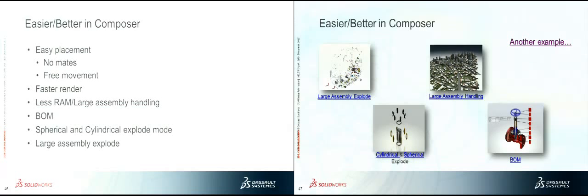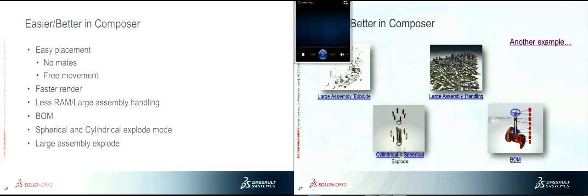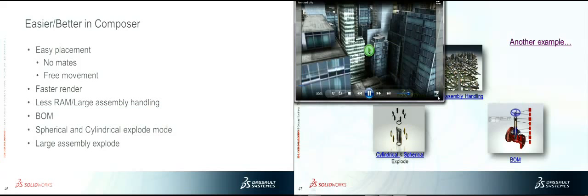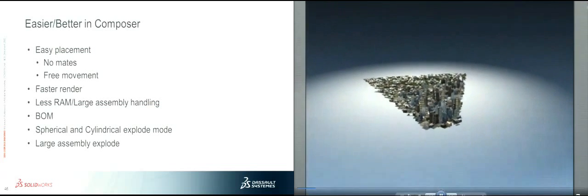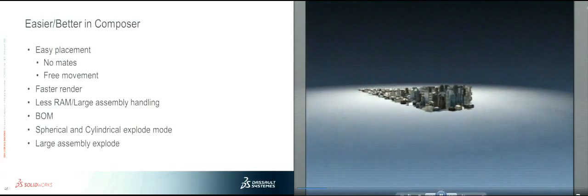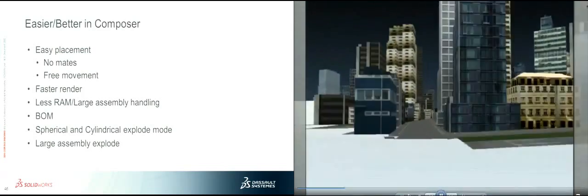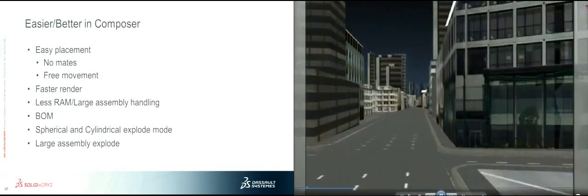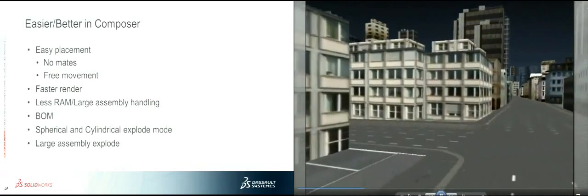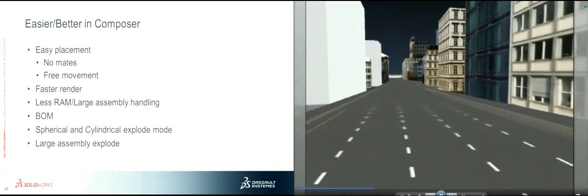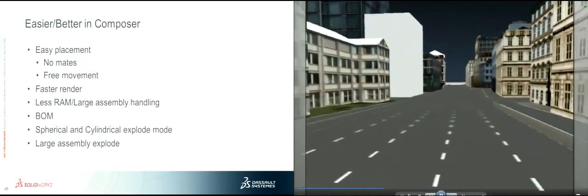There's so much background in there. So in Composer, I can do things like this, no problem. Something like this in SolidWorks would probably take you a while to render. Even just saving this video would take a long time. But because we're working with a subset of information, we don't have to worry about that, okay? Because it's just the graphical content.